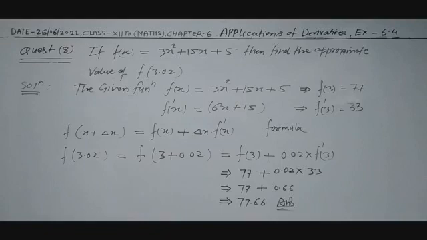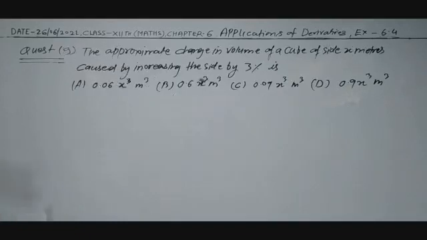Now come to the next question. This is the last question, question number 9. Question number 9 is: the approximate change in volume of a cube of side x meter caused by increasing the side by 3%. So options are here. We have to mark a single option.